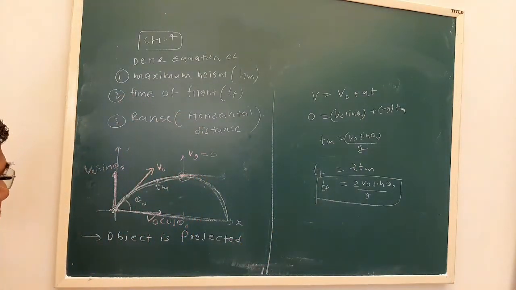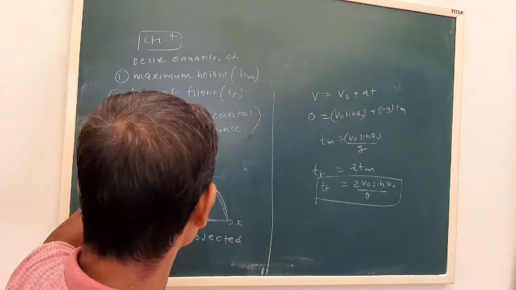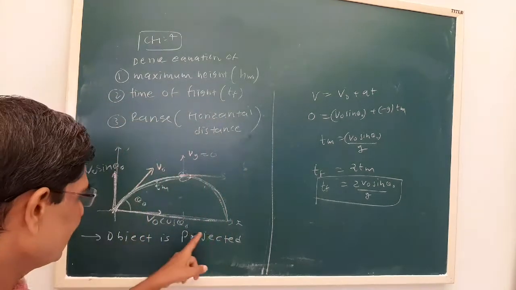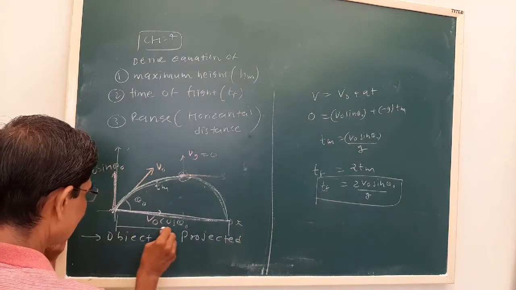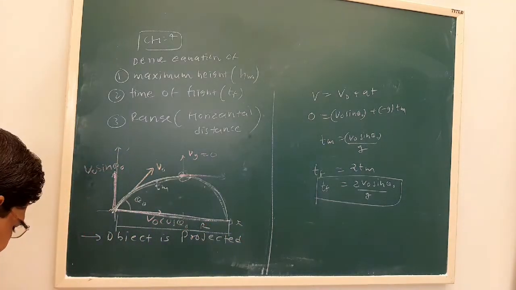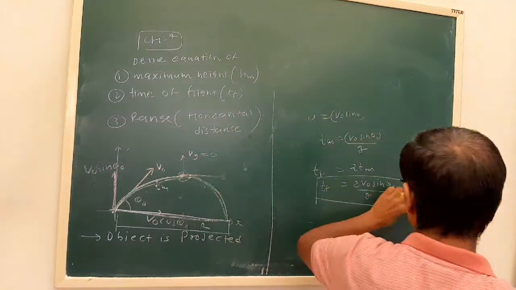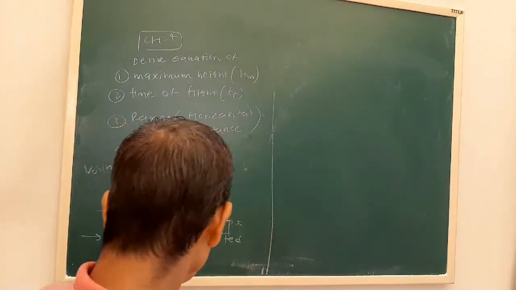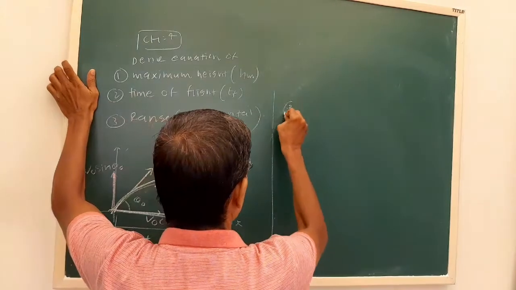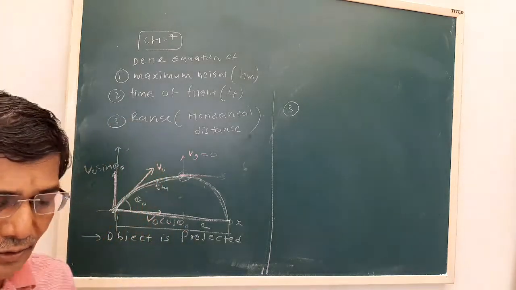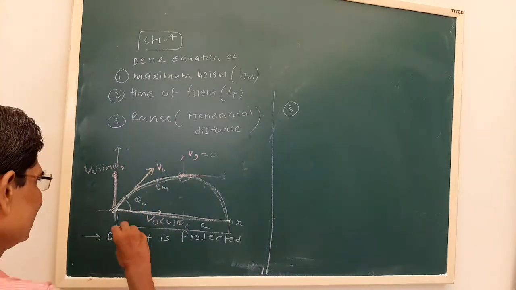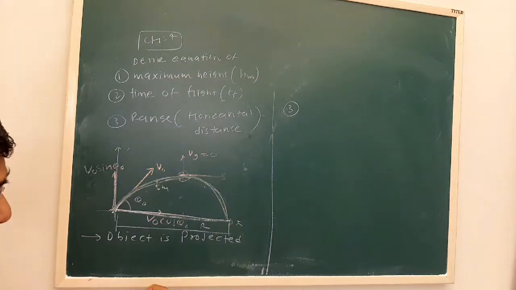Now next we have to derive the equation for range. Range is nothing but the horizontal distance covered. Now this distance we call R. In the x direction it moves with a constant velocity, that is v0 cos theta. And what is the total time? That is Tf, which we have obtained just now.